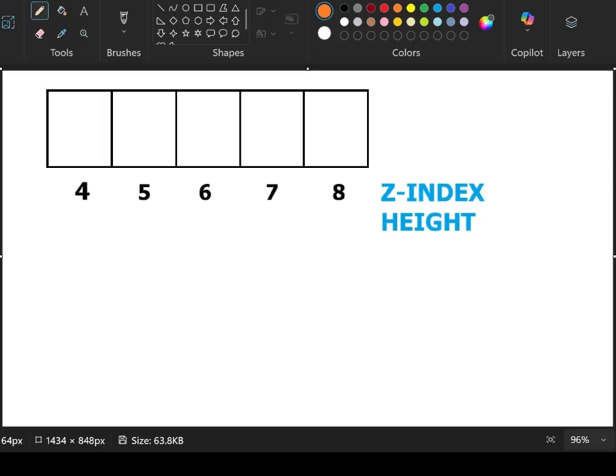So for example, I have here a set of numbers 4, 5, 3, 2, 1 for each of the characters, and each of the characters would have a z index, and the y position or the height based on the y coordinate position on the screen would be given to each of the characters.